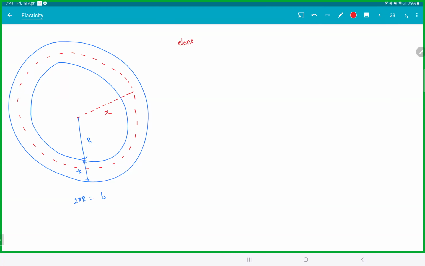So elongation in the ring at a distance x. Normally what is the natural length? B. The natural length was b, but now you became 2 pi x. So 2 pi x minus b, which I can write as 2 pi x minus r. B is anyway 2 pi r.